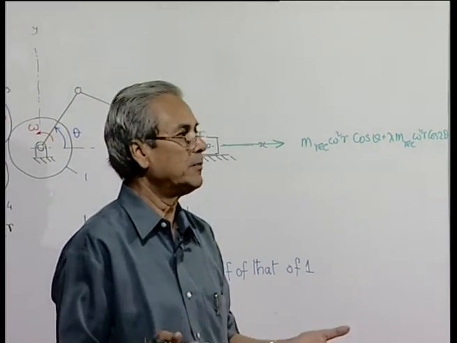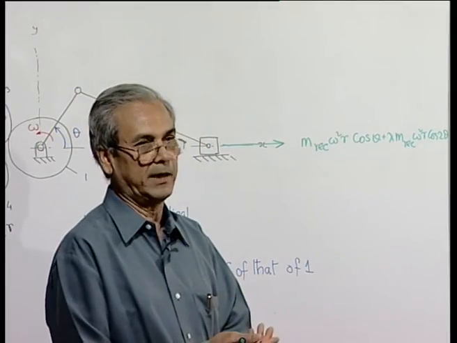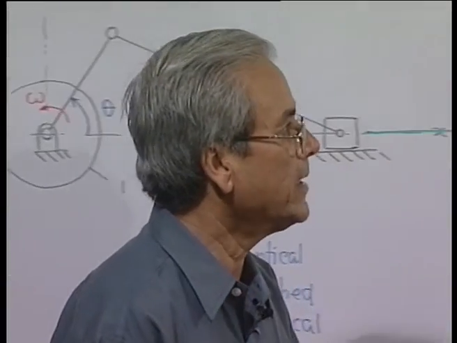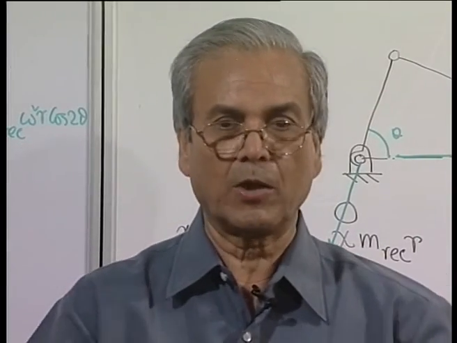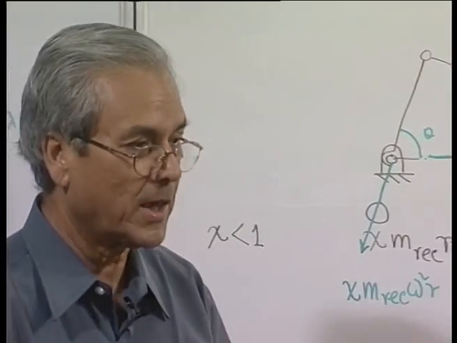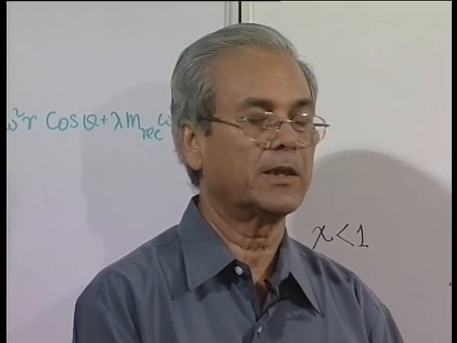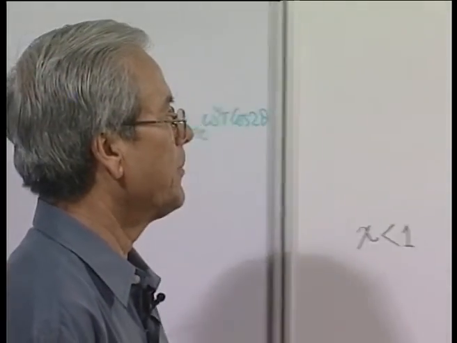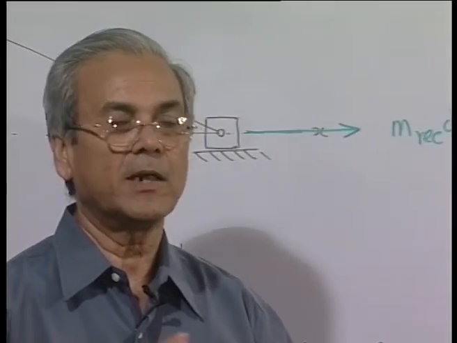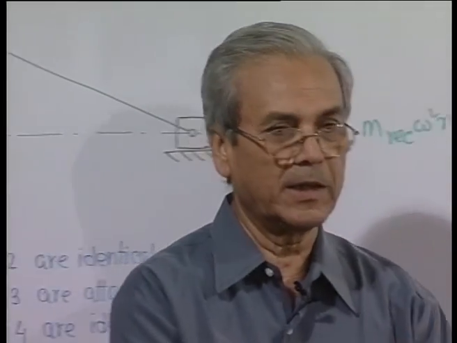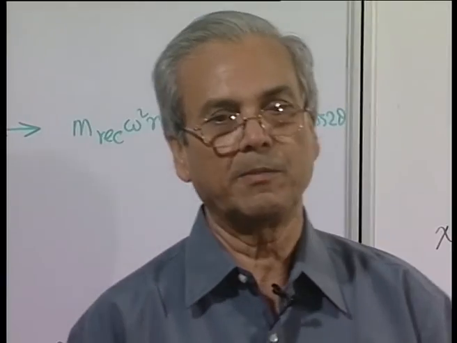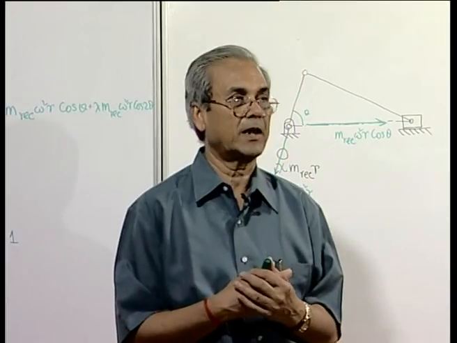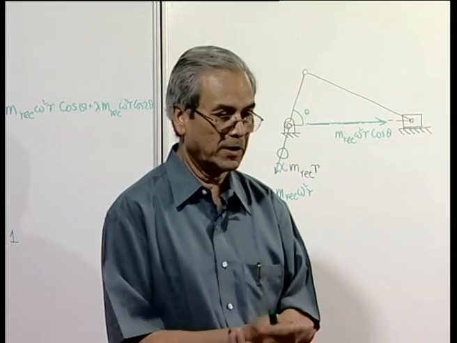That means the whole system will be self balanced, and that is why you will find this technique employed in engines with more than one cylinder or compressors with more than one cylinder, where the unbalanced forces of the various cylinders or engine parts balance among themselves. This we will take up in our subsequent discussions.